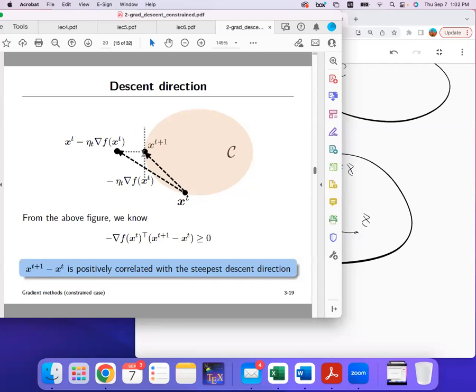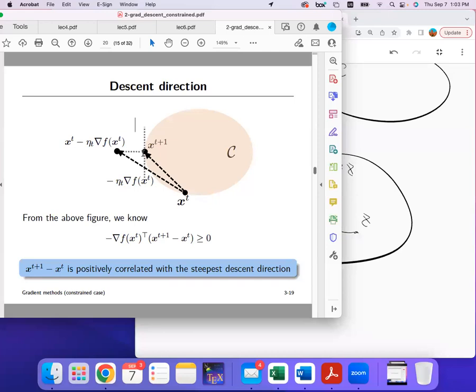What's a real-world example of a reason you would want to put a constraint on your problem? A very simple example is that normally you don't want to search over the entire space, like the entire space going to infinity.